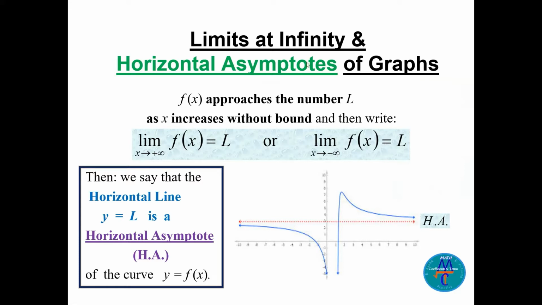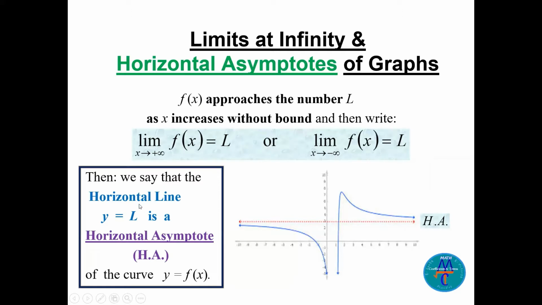It is like you travel to infinity, and then you find the limit there. It will be a number. So f of x approaches the number L as x increases without bound. We have the limit of the function as x goes to plus infinity or x goes to minus infinity, and both will be L, a number.